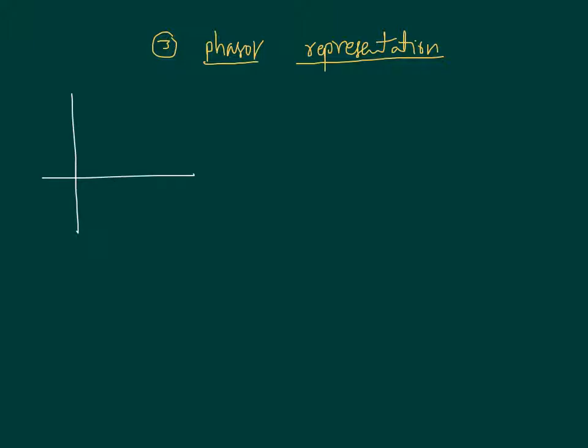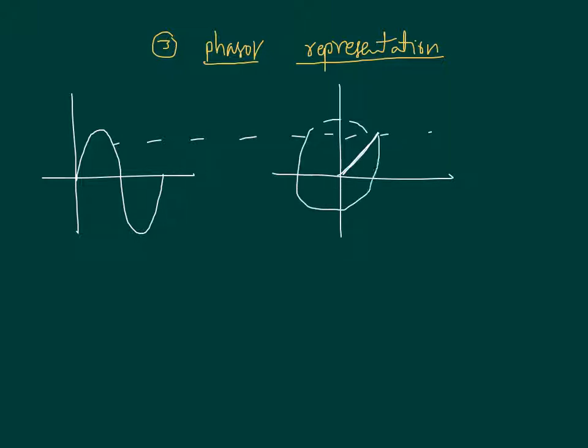In the demonstration we have one sinusoidal wave like this, and correspondingly we have rotation of a line. Take it as a note, in the form of a note we can make it as phasor.